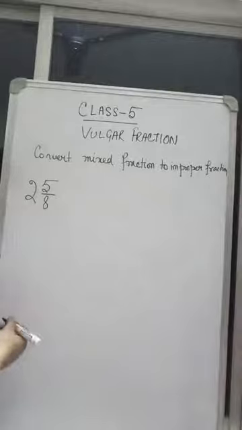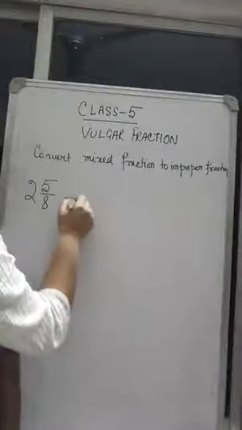Now, if I have to convert into an improper fraction, I have to follow this step. So, how will you do it? The whole number into the denominator plus the numerator. That means here the whole number is 2. You have to multiply that to the denominator. What is the denominator of the fraction?